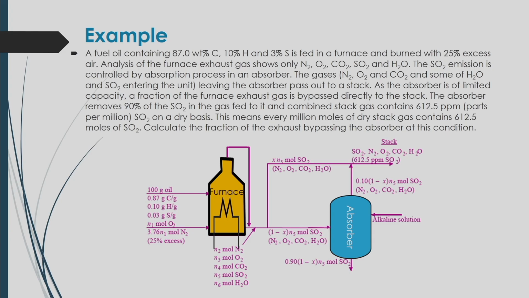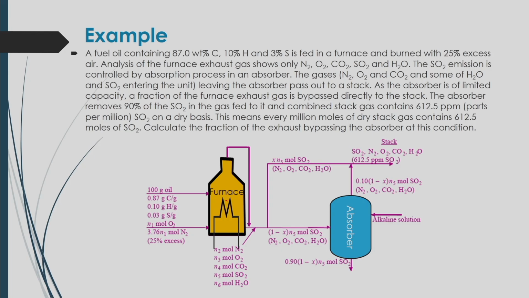Now, see here the flow chart of the problem. This is one furnace, and in the furnace 100 gram of oil is coming with its composition of carbon, hydrogen, sulfur and oxygen, and n1 mole of oxygen is supplied to the furnace, whereas 3.76 times n1 mole of nitrogen, as 25% excess air is supplied to the furnace for the combustion.